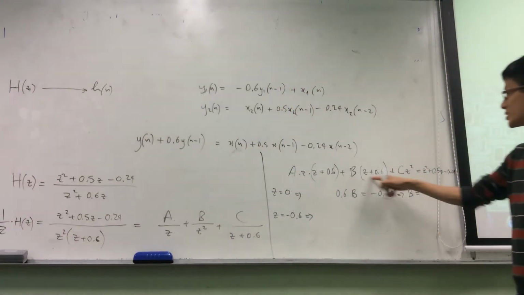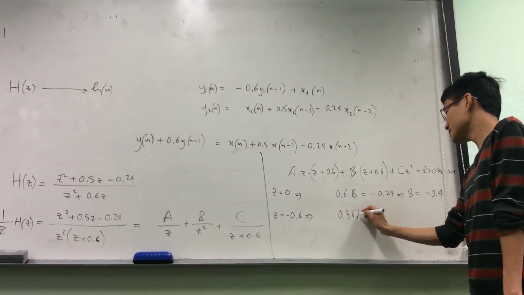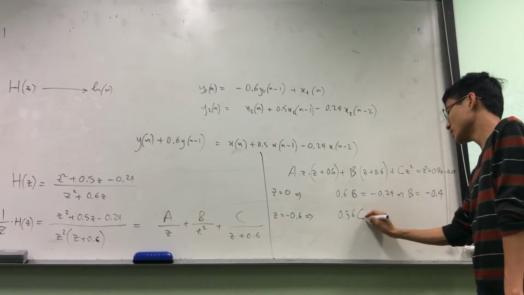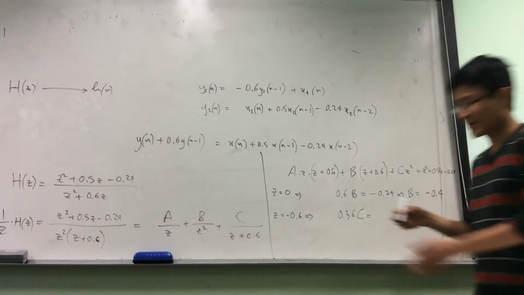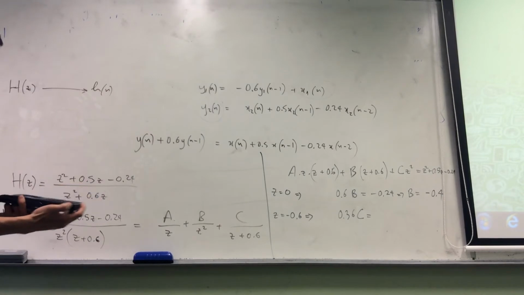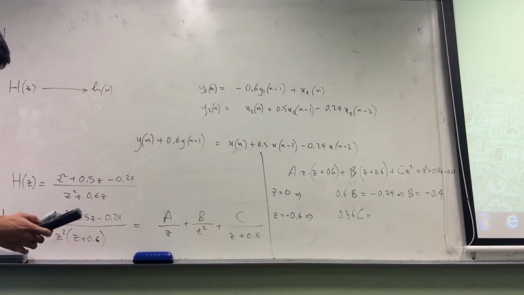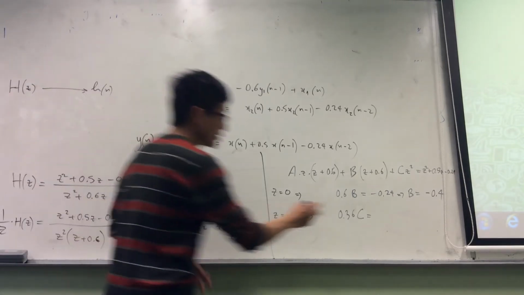So you have 0, and this one will be 0.36C equal to, well, substitute here and calculate that by the calculator. 0.36 plus 0.5, 0.18.